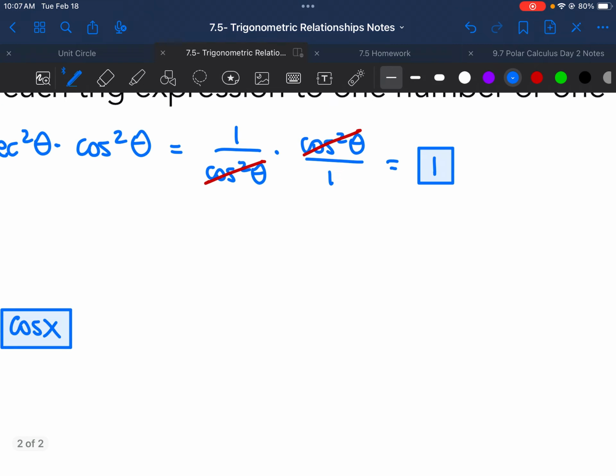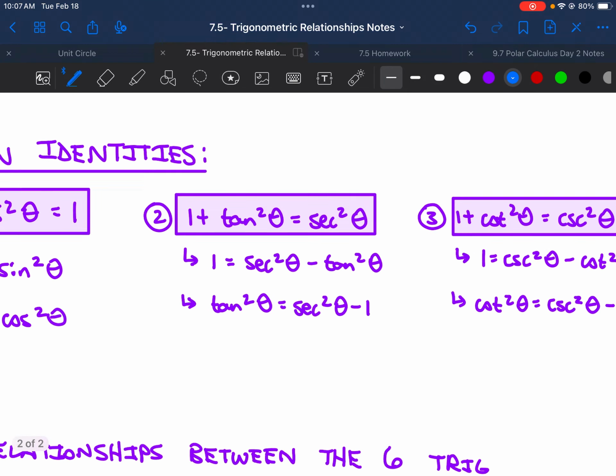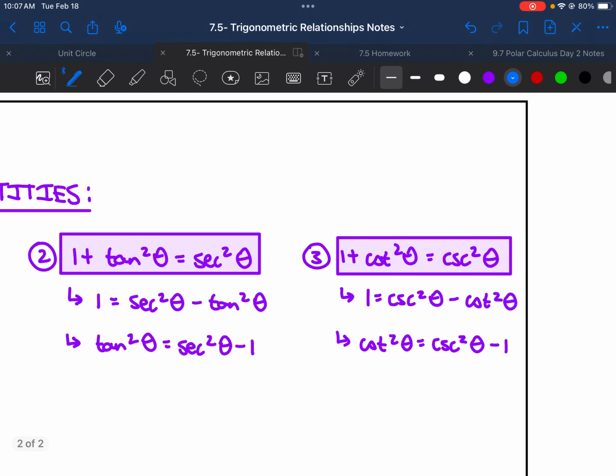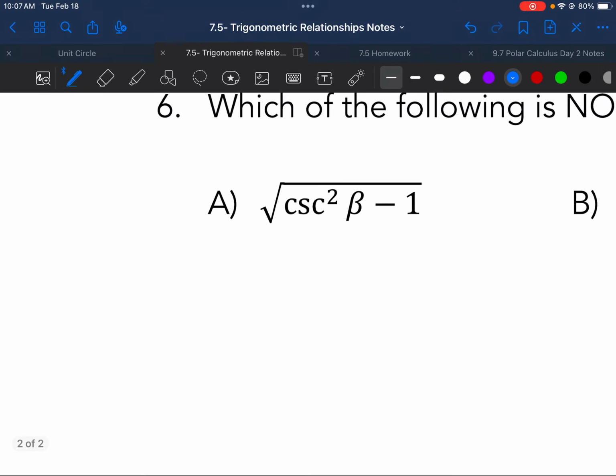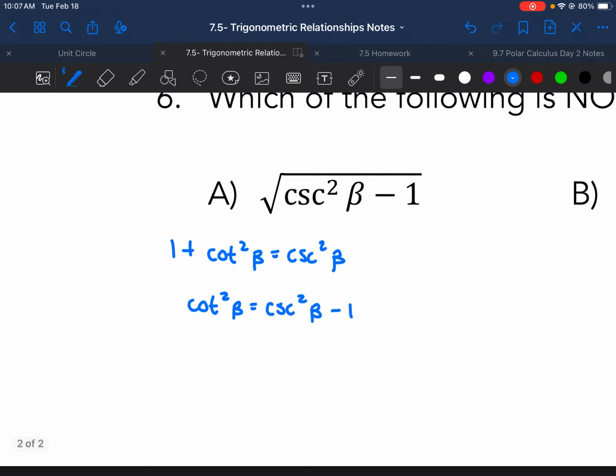Let's start with the original trig identity. 1 plus cotangent squared of theta equals cosecant squared. So we have 1 plus cotangent squared of beta equals cosecant squared of beta. Subtract the 1 over. Cotangent squared of beta equals cosecant squared of beta minus 1.